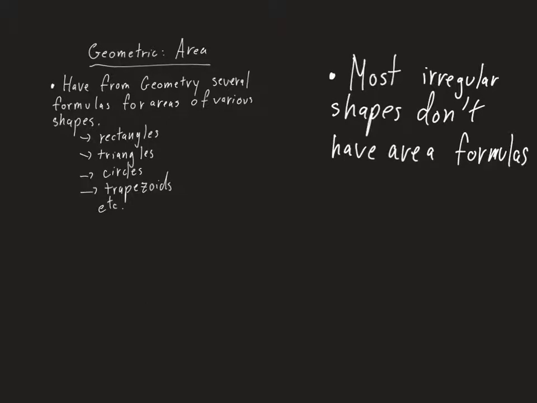So graphically speaking, what this means is if over here I have a circle, or if over here I have a square, both of these are going to work out.